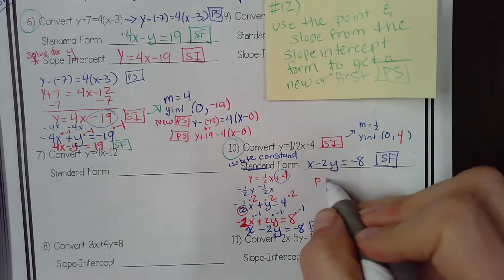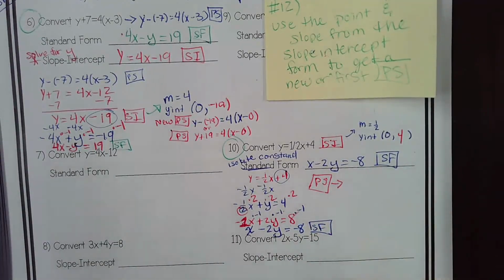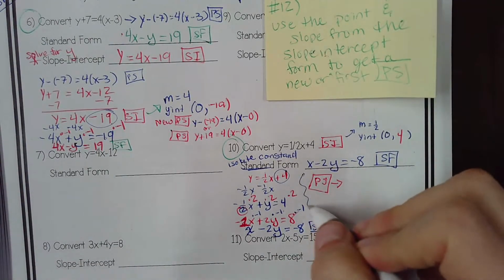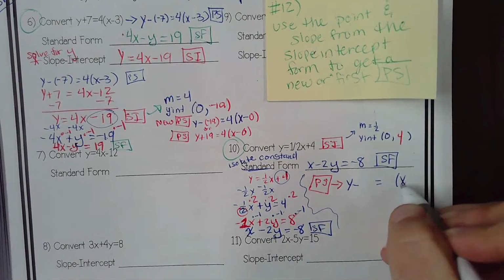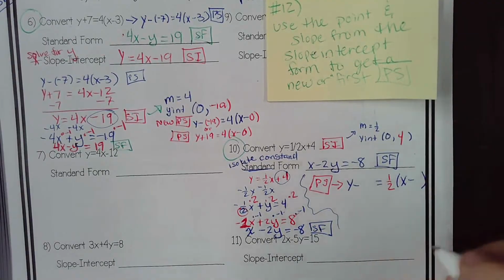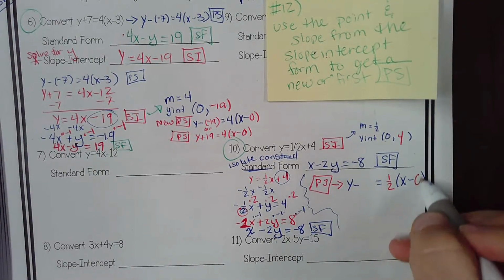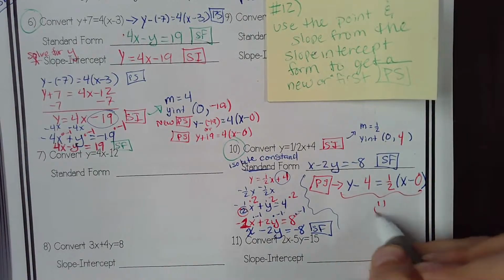So then my point slope form is as easy as y minus number equals m times x minus a number. My slope was 1/2. My x number is 0. My y number is 4. We're done.